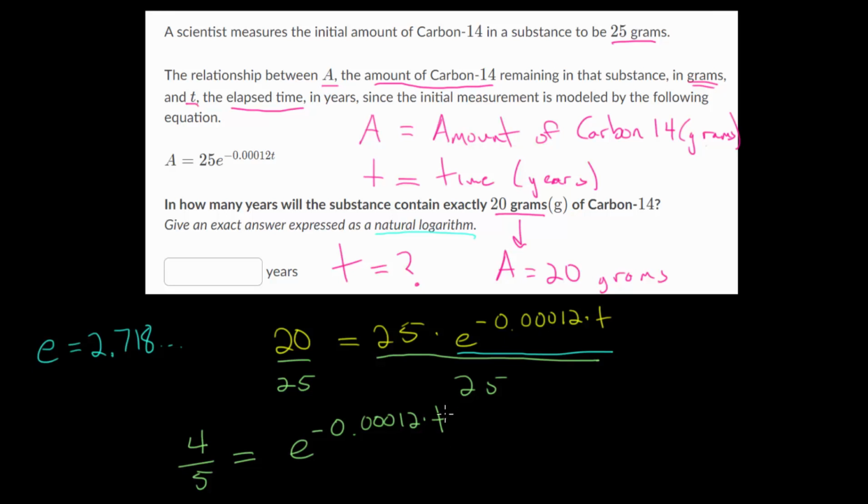To get the variable out of the exponent, we want to rewrite this as a logarithm. In general, remember when you have log base A of B equals C, you can rewrite this as an exponential equation, or vice versa. If you have the exponential equation, you can rewrite it as a logarithm.